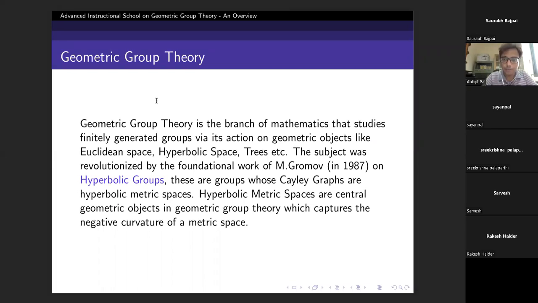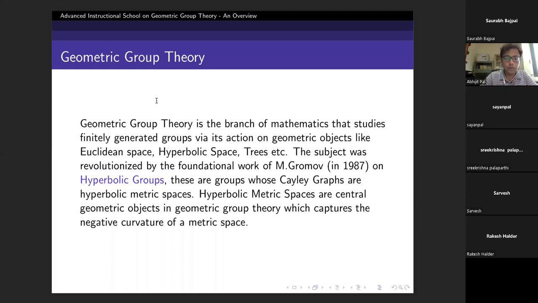This is the branch of mathematics that studies finitely generated groups via their action on geometric objects like Euclidean space, hyperbolic space, trees, CAT(0) spaces. In this workshop, we'll be dealing with hyperbolic space and trees.